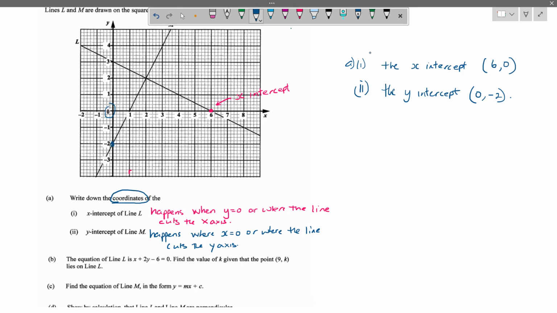Once you know that, you just have to watch the graph and write down the coordinates. Remember, the opposite is always 0. You look at the graph for the point at which the line is cutting the x-axis if you're doing the x-intercept, or the y-axis if you're doing the y-intercept. All right, everybody okay with that?